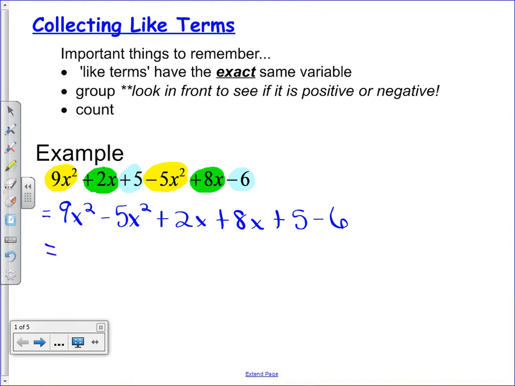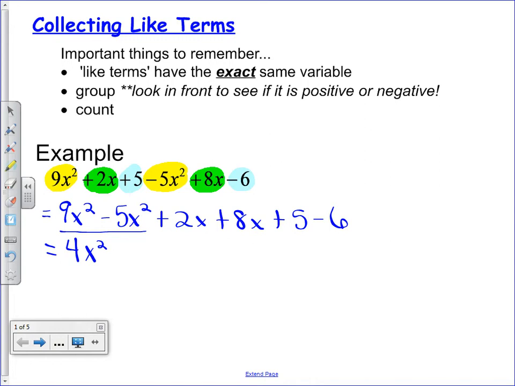After I simplify them, here are my x squared. Lucas, what will I write on my next line for that? Good. 4x squared. Remember, I don't do anything with that exponent. When I'm adding and subtracting, exponents stay the same. Bailey, what will I write after 4x squared?